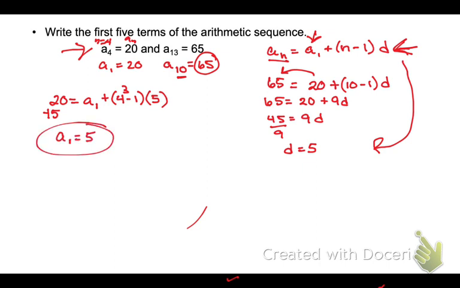So now that I have a sub 1 and I have my common difference, can I write an equation to plug in 1, 2, 3, and 4 too? Okay, so a sub n equals 5 plus n minus 1 times 5. And guys, once you do that, I would expect by the end of the day, you're just doing this in your head and going 5n, well, that would be plus 0.